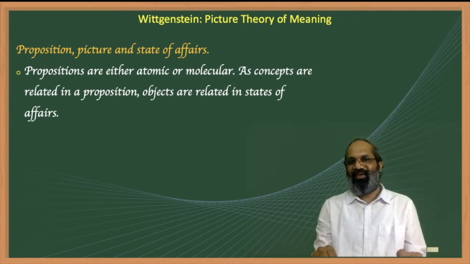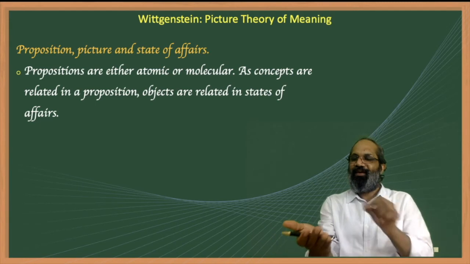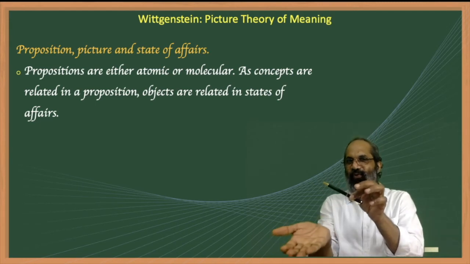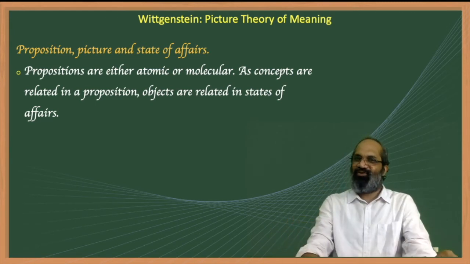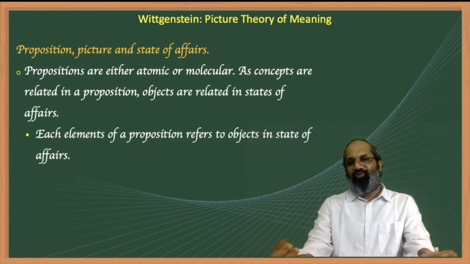In the same way, he says that objects are related in states of affairs. When I say the pen is on my hand, it's a state of affairs. The pen as well as my hand, two objects, are related in a state of affairs. Now, each element of a proposition refers to an object in a state of affairs.